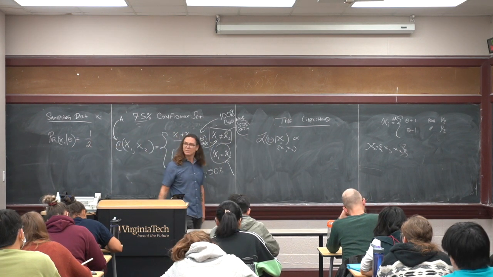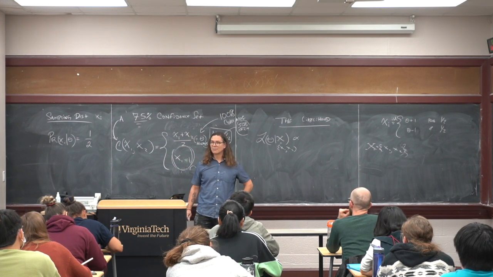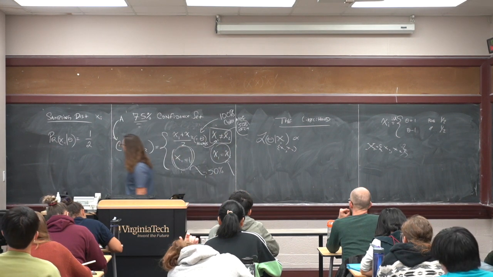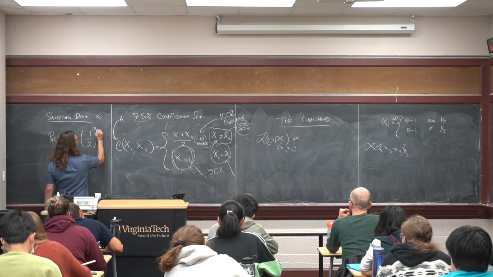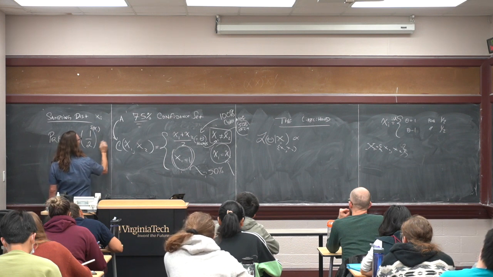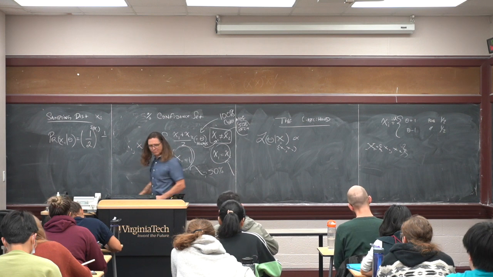Sweet. You have to raise it to a power, right? I have to raise it to a power. So it's going to be 1/2 times an indicator function of xi, or 1/2. It's fine.